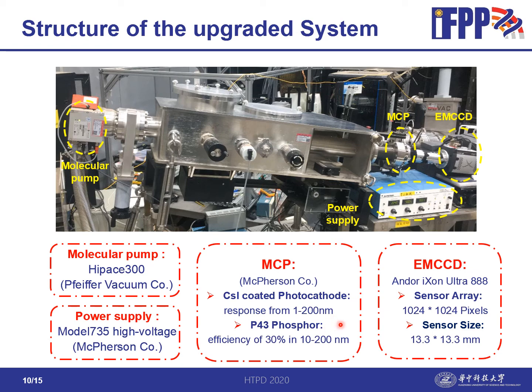And P43 phosphor ensures the time resolution for its relatively long decay time of a few milliseconds, which matches consistently with the EMCCD. The MCP operates safely only under ultra-high vacuum, so it is accompanied with a high voltage supply and molecular pump.